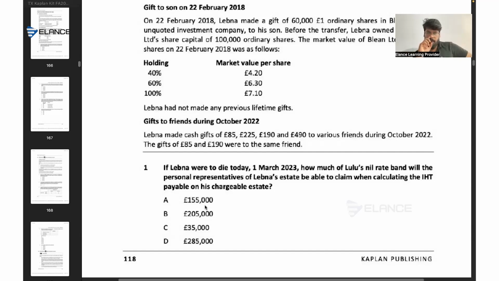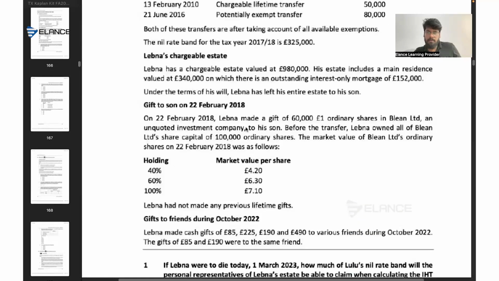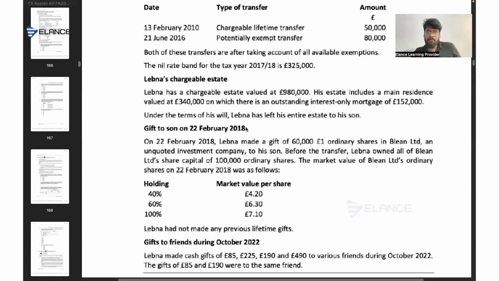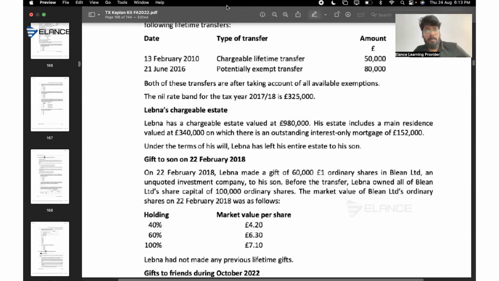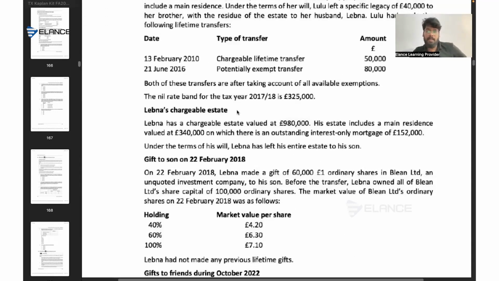Okay, are there any doubts related to this first requirement? Normally we can deduct the annual exemption on this 80,000 transfer.